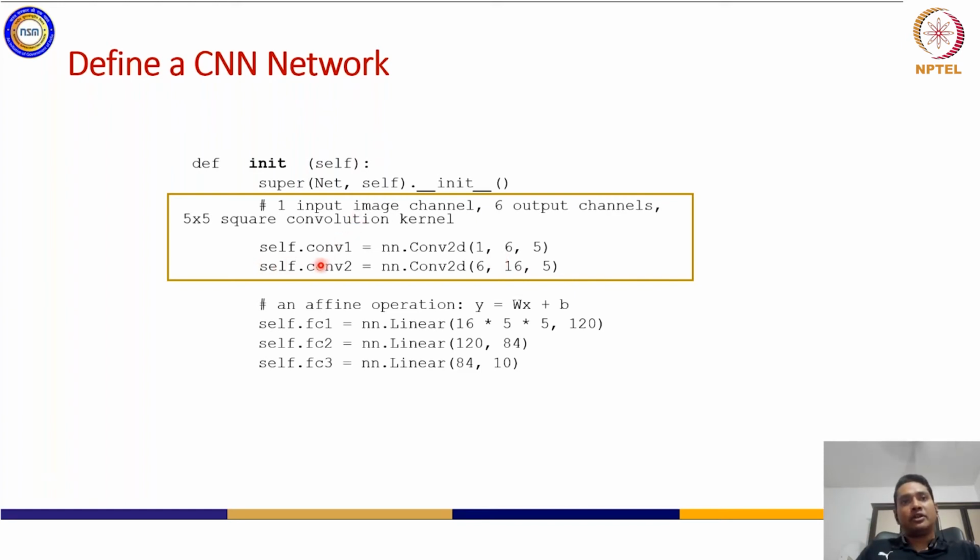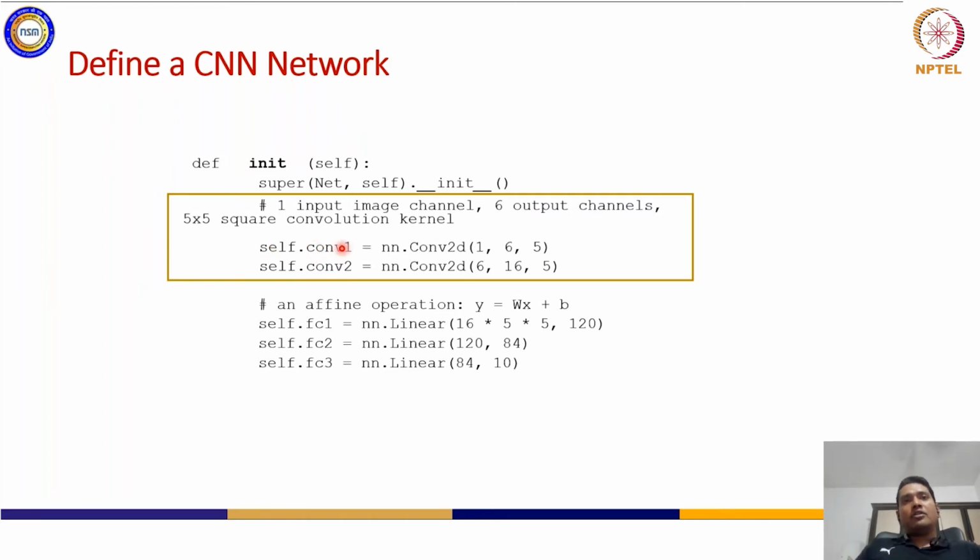Here we are not actually passing the input from input to output, but we are just defining the layers. And once we connect all these layers together, only then can we actually do the feed forward pass.